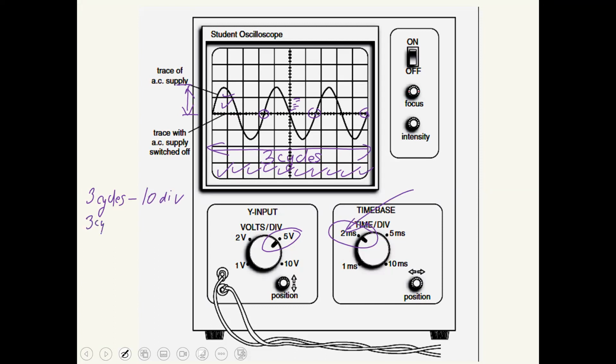So 3 cycles give 10 into 2, 20 milliseconds. So you can convert it to one cycle to get the time period. Take it as X. X will be 20 upon 3 milliseconds, and there you get the time period. Once you get the time period, you can easily get the frequency.